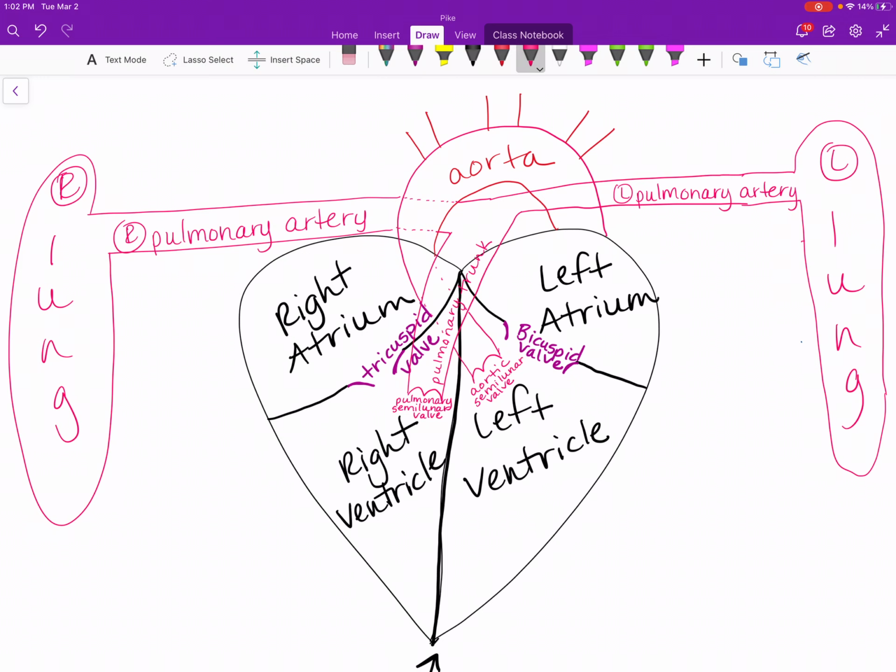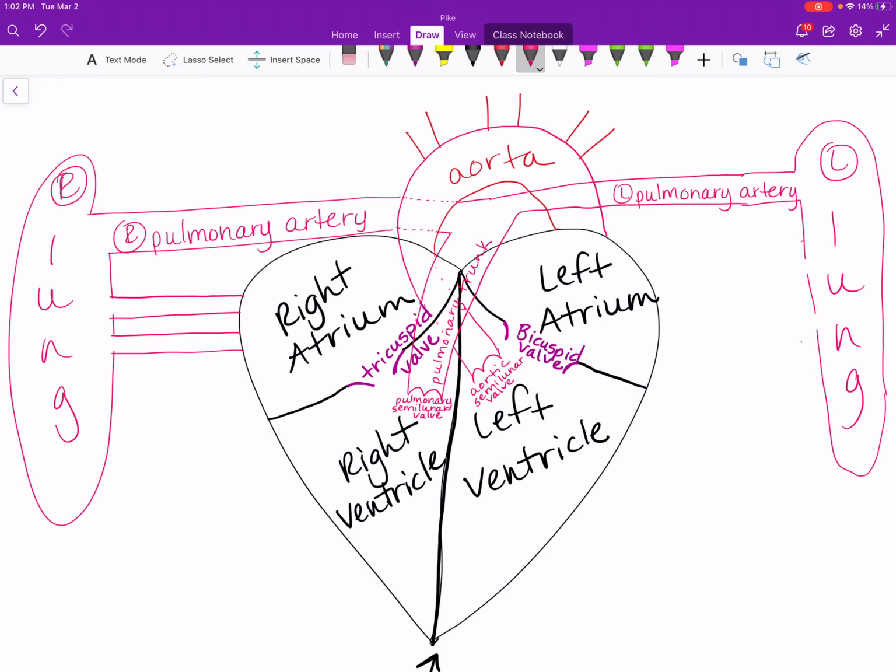Now for veins, we're going to bring blood back to the heart. I'll start with the pulmonary since we're already over here talking about the lungs. For pulmonary, we have two on each side. So there are two pulmonary veins bringing blood back to the heart.